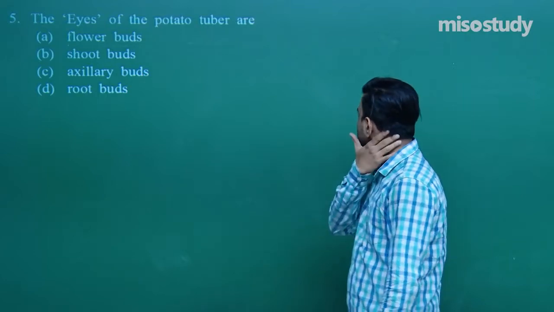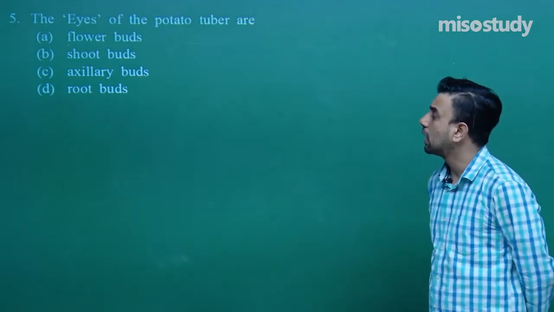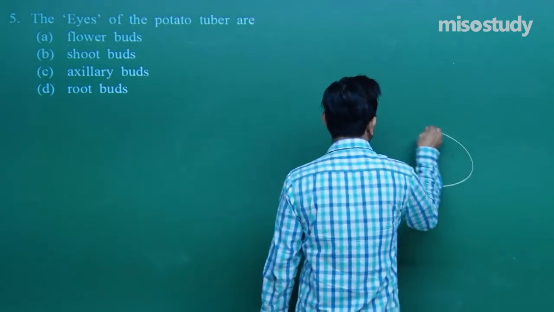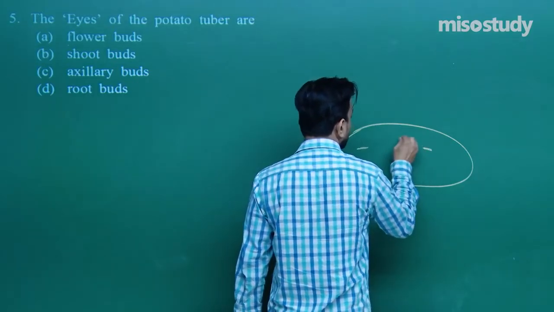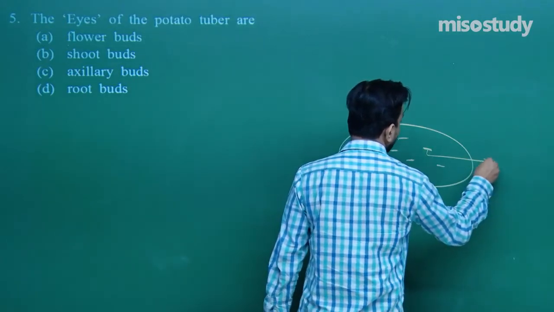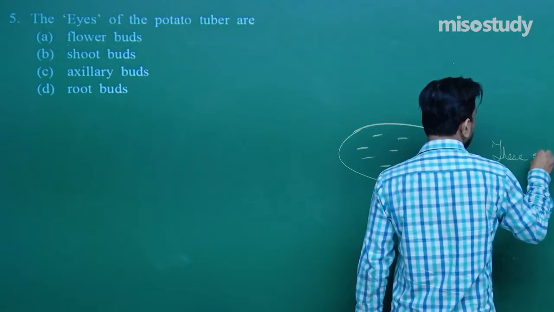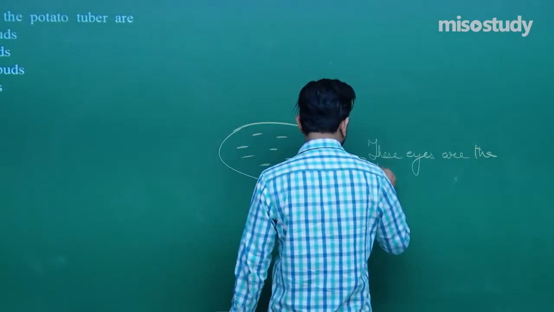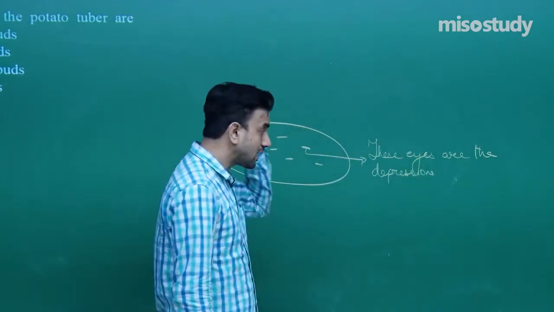Now we all know that potato is an underground modification, and what we see in the potato is that there will be eyes. These eyes are actually depressions.